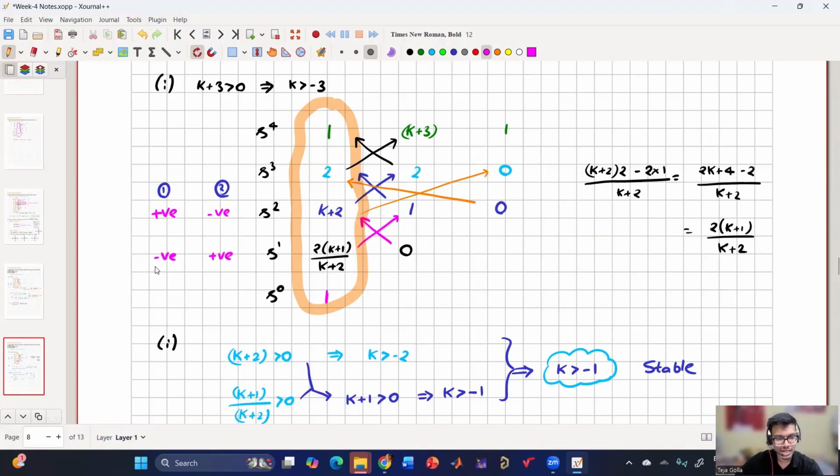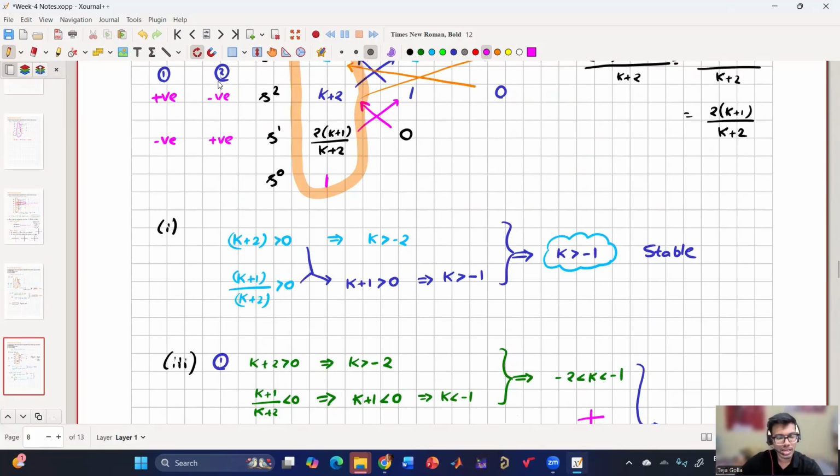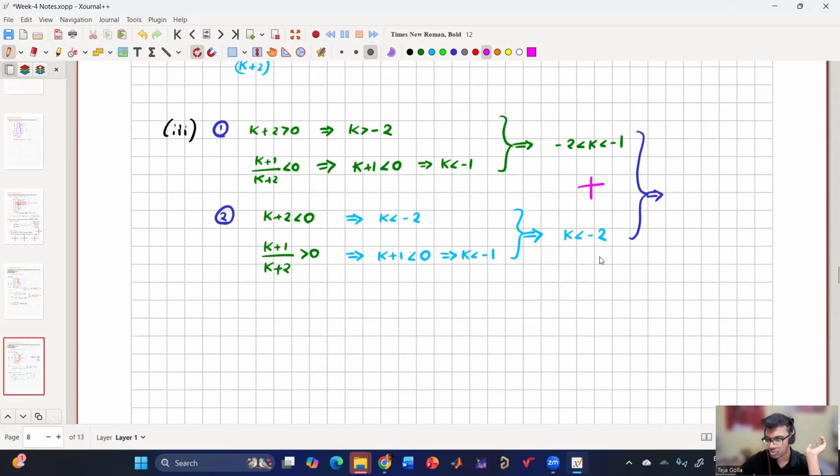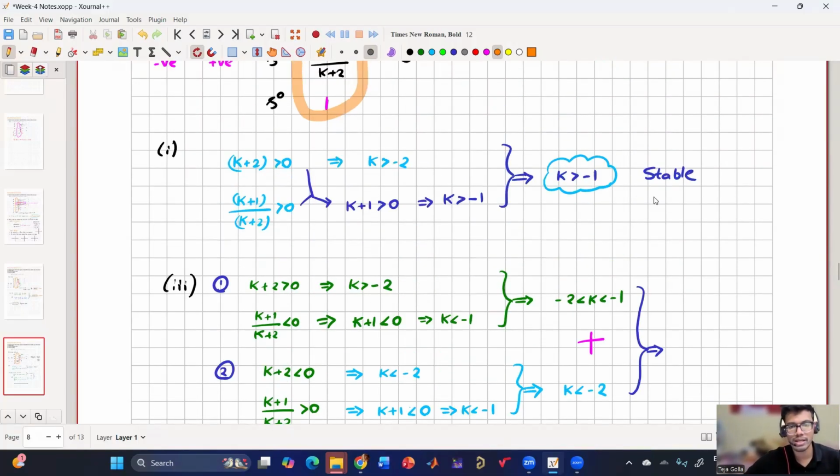So now I have considered case 1, and I got if K is lying between minus 2 to minus 1, it is unstable. And then for case 2, I got if K is less than minus 2, it is unstable. So if I consider a line here, minus 1 and minus 2 are points, right? So we have minus 2 over here, and then minus 1 over here, and anything above minus 1 is stable.